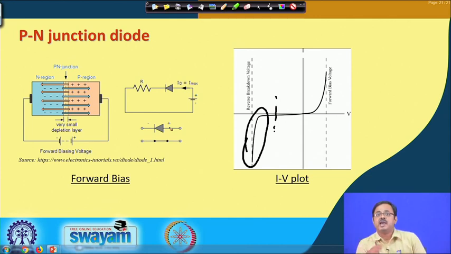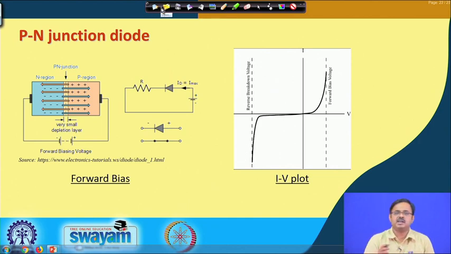A valve allows flow across an orifice in one direction, but closes it in the other direction. A diode is the equivalent in the electronics world. It is a component which allows current to flow in one direction, but not in the other direction.